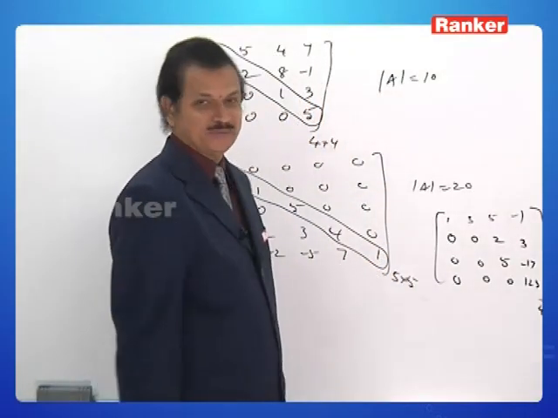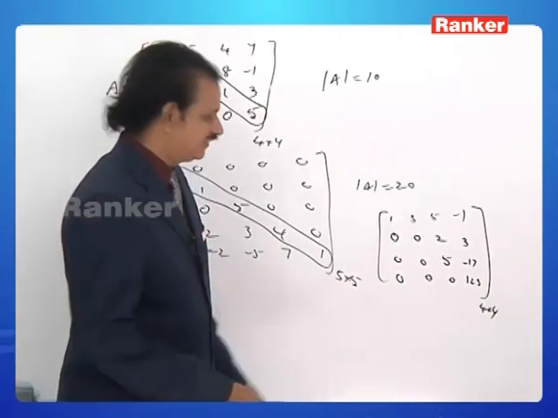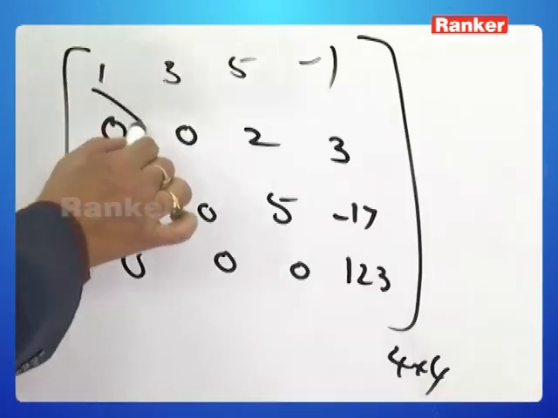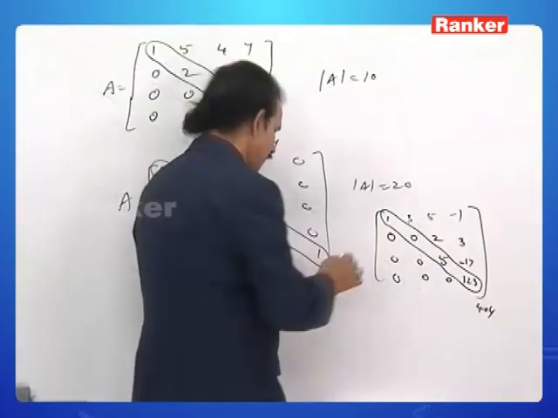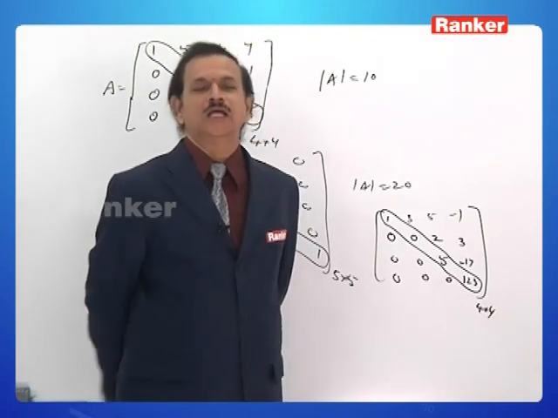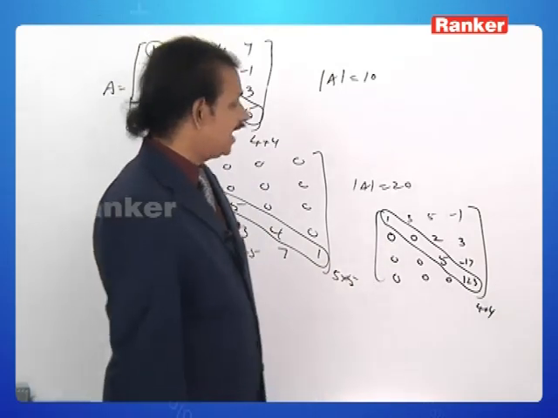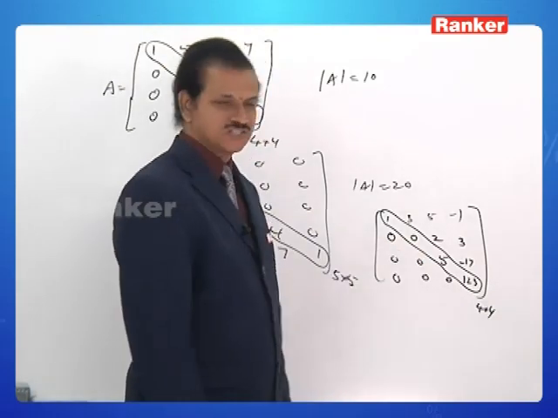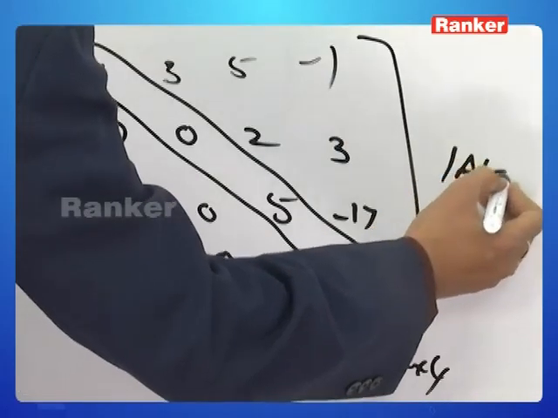You see, that is surely upper triangular. The luckiest thing here is that this is the diagonal, and those are the diagonal elements. If you want the determinant, it is just the product of the diagonal elements. And one of the diagonal elements is 0. Hence, here det A is equal to 0.